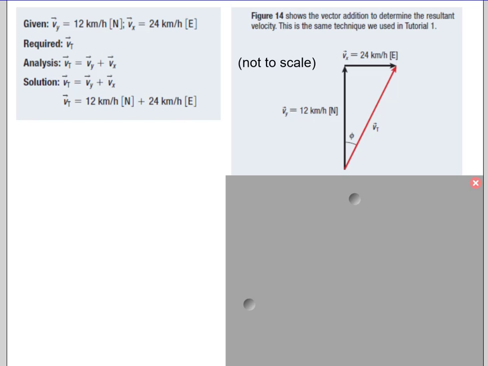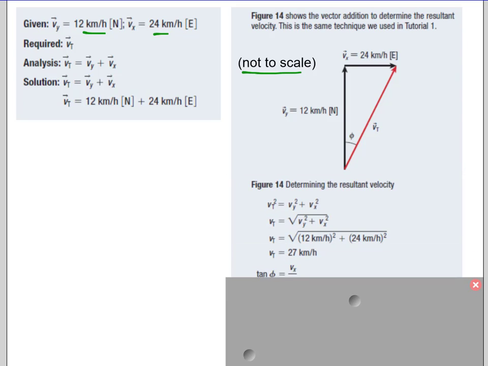All right. Now, if we were to look at the resultant vector, and this is kind of a fun one to do, and I apologize, this picture is not to scale, it's backwards, but we're going to just work with it anyways. So if we set up our two vectors, 12 kilometers an hour to the north and 24 kilometers an hour to the east, and we do our Pythagorean theorem, we come up with 27 kilometers an hour.